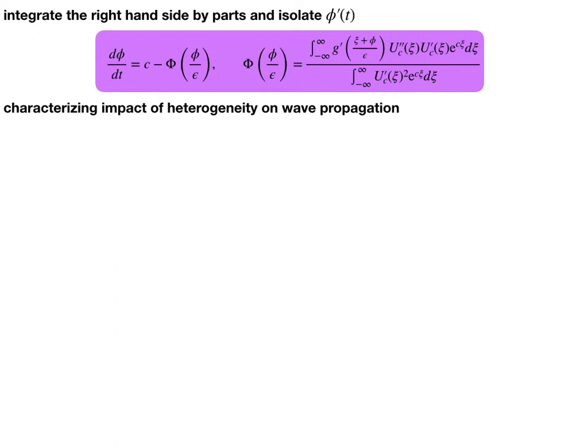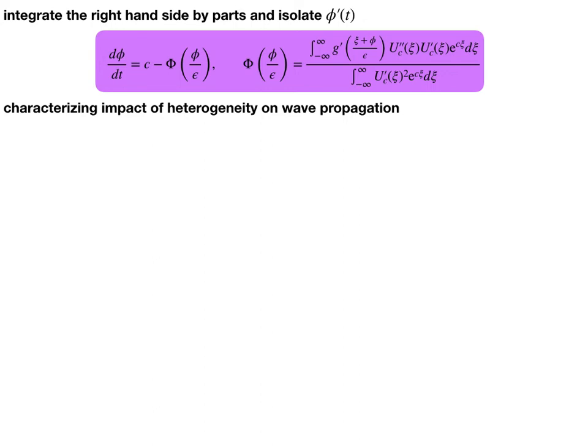Then at order epsilon, we have d phi dt equals c minus now this function, okay, which we'll call capital phi, okay?